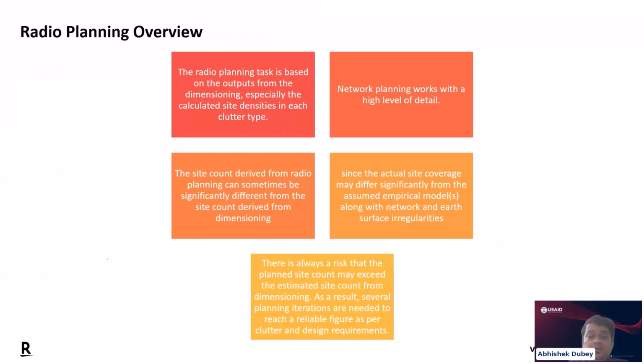So you have to think very carefully about the sites you have calculated from the different dimensioning tools. There is a tool, or many other tools, that we generally use.